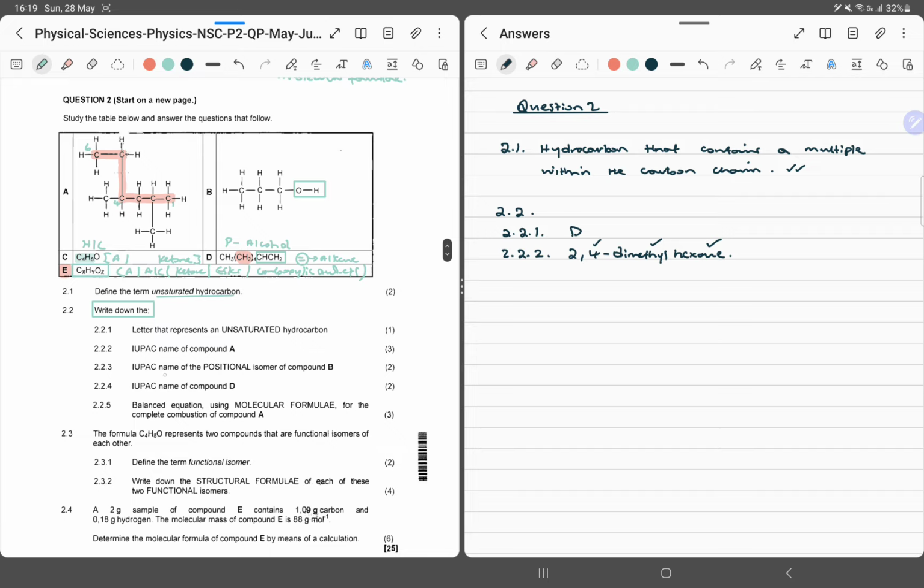Okay, now the IUPAC name of the positional isomer of compound B. Of course, this OH group can be here on the first carbon, it can be on the second carbon, but we cannot put it on this third carbon. That one is wrong because it's the same as the first carbon. So there's only one positional isomer there, which is going to be propan-2-ol.